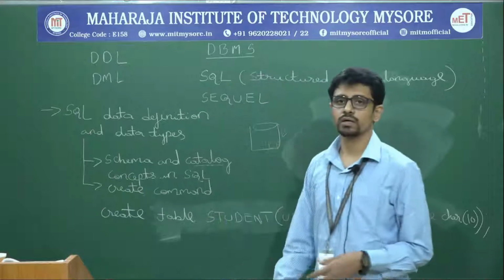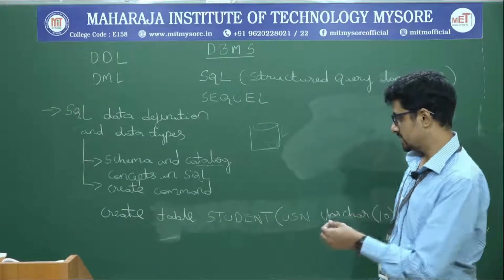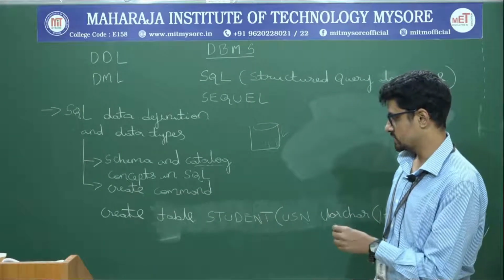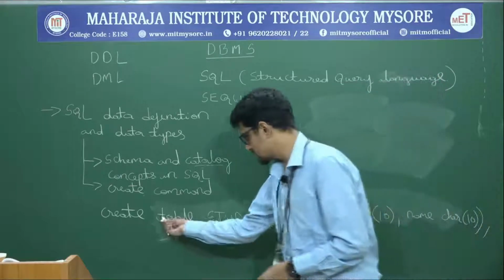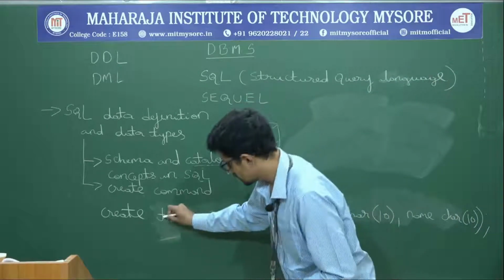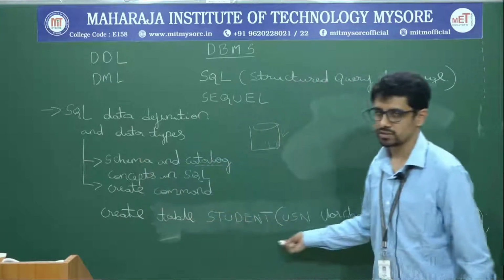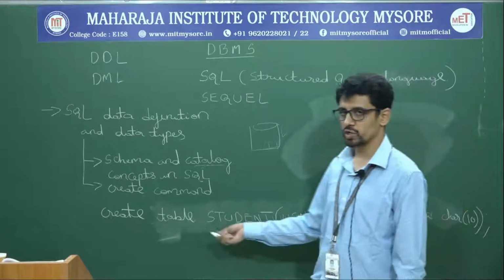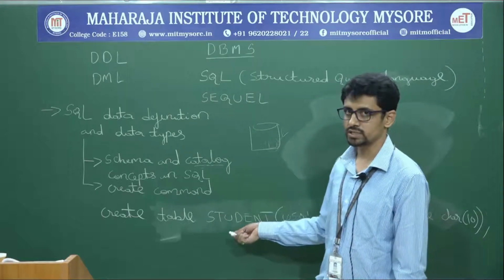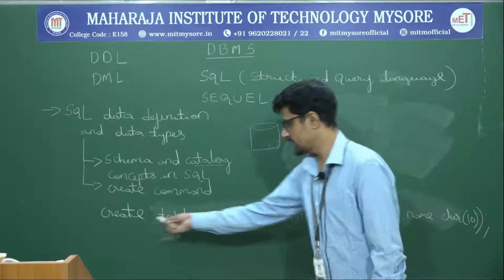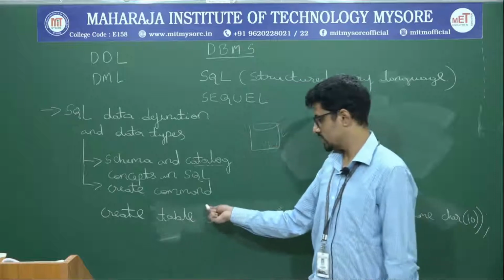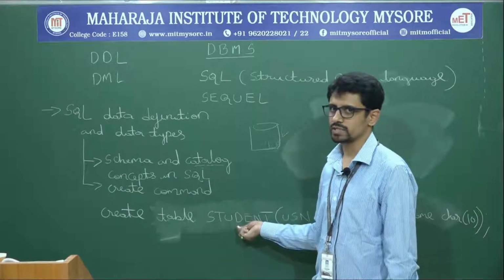The basic thing with respect to creating tables inside a schema is that you first need to specify under which schema you want to create them. If I want to create this table under a college schema, I need to specify create table college.student. That is one way.